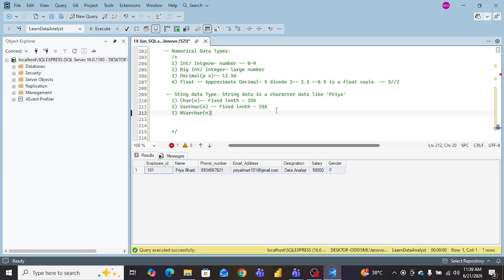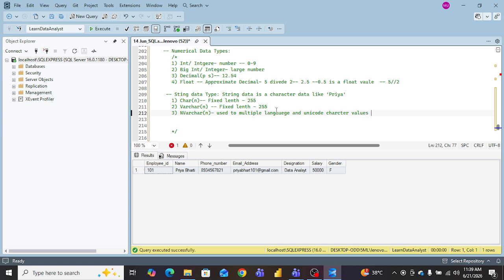It is used for multiple languages and Unicode character values.